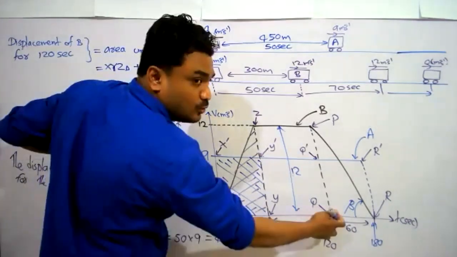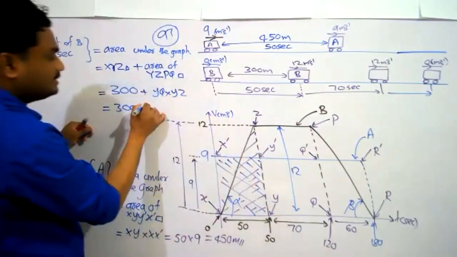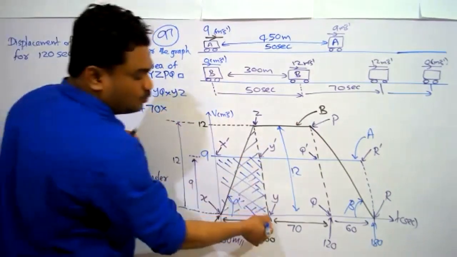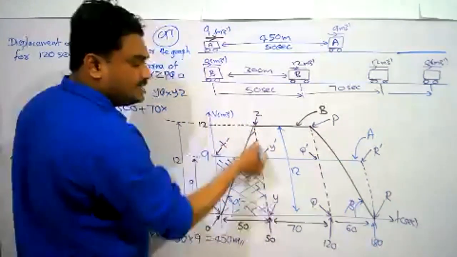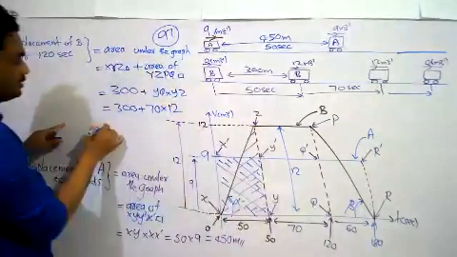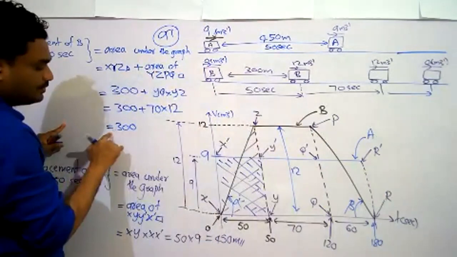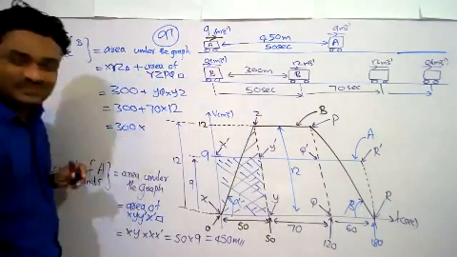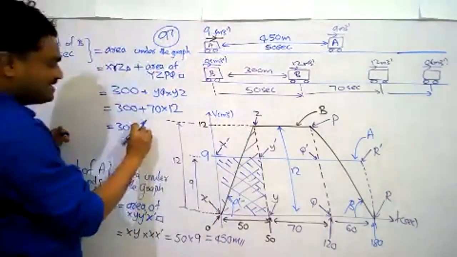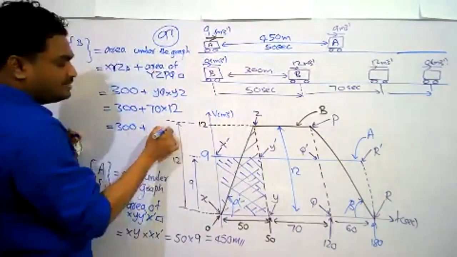YQ is length, into width, is the area of a rectangle. YQ is 57, YZ is 20. So 57 into 20.